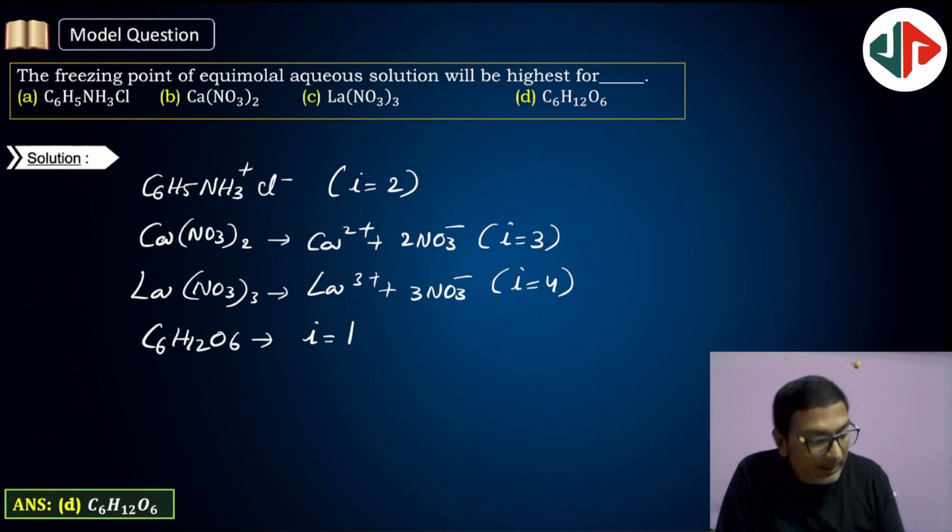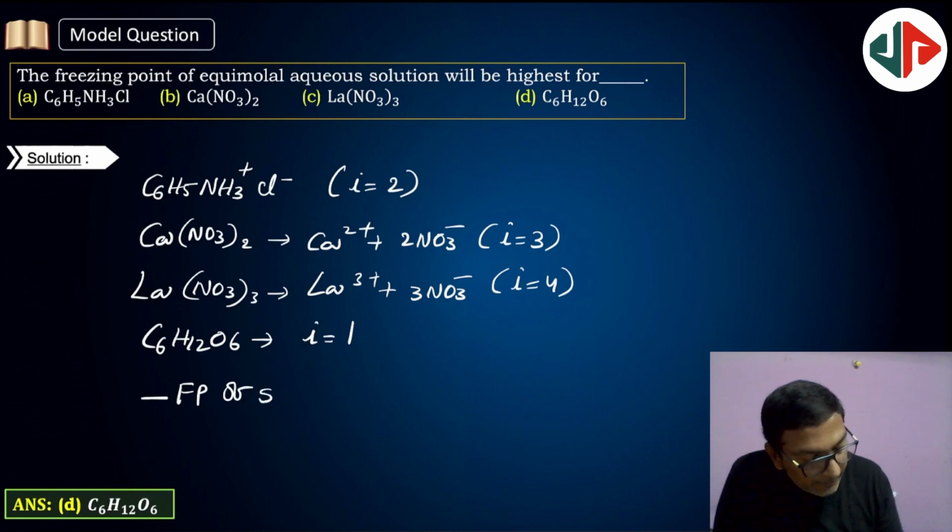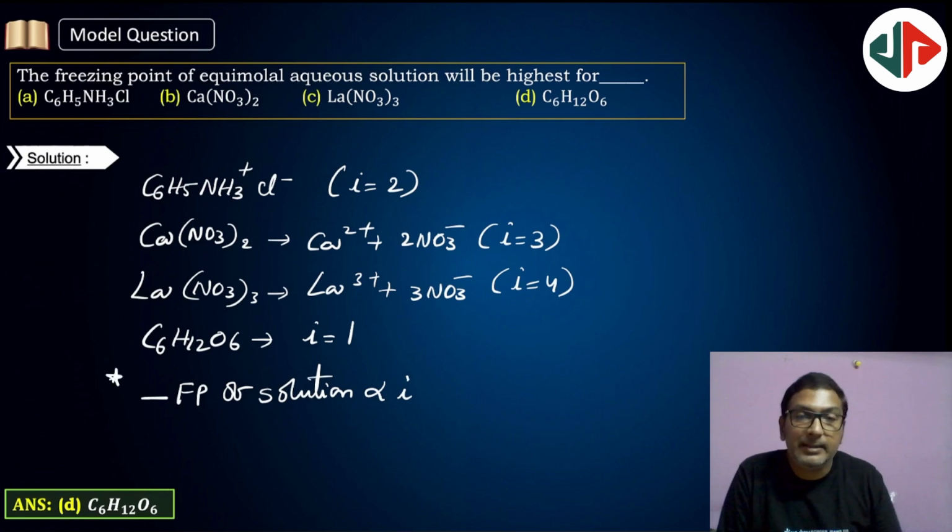The depression in freezing point of the solution is directly proportional to i. So as the i value increases, the freezing point decreases. Here the i value is least for glucose, therefore it will have the highest freezing point.